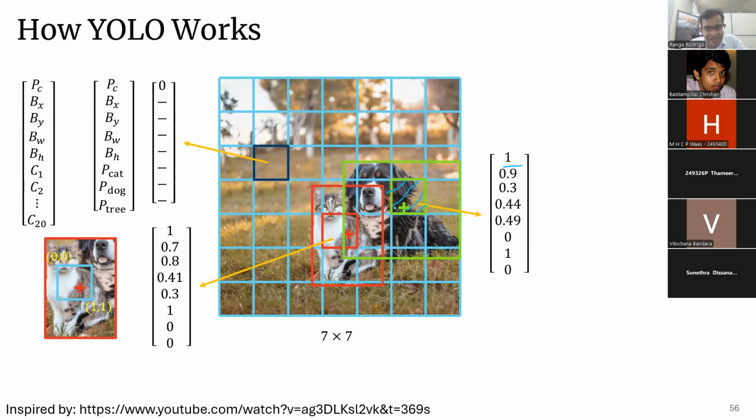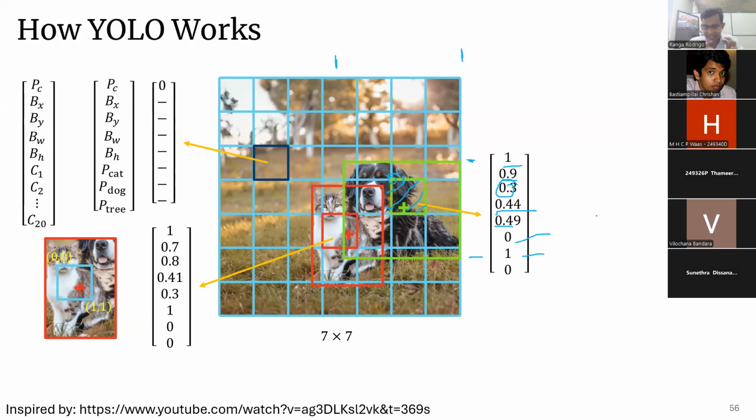I'm measuring this distance from this corner to be about 90%, and this distance from this corner to be about 30%. And 44% of the image height, and about 49%, about half, of the image width for the ground truth box. The cat probability is 0, the dog probability is 1. I hope that is clear to you.